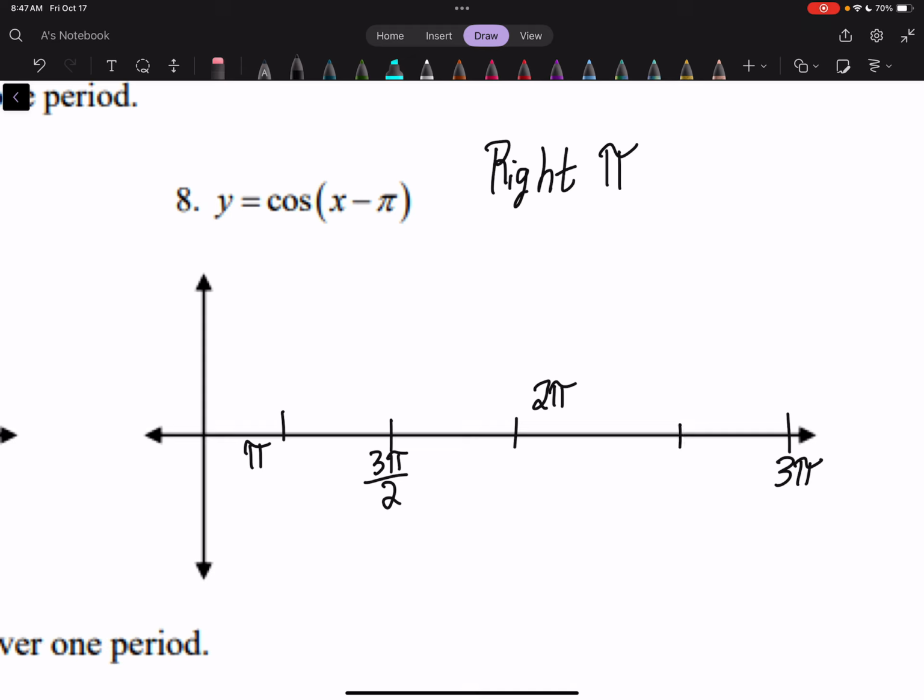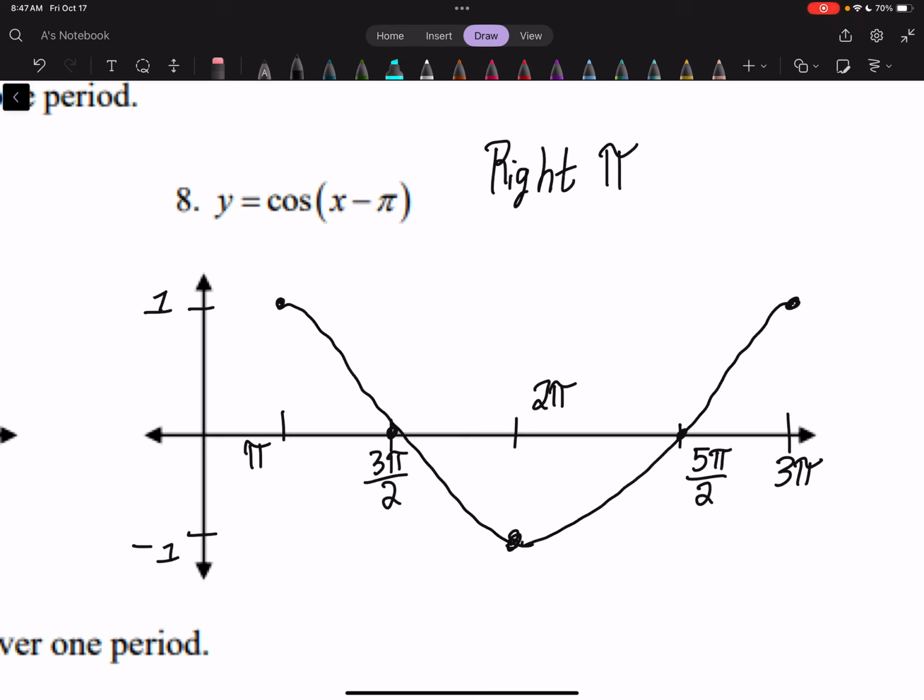And I have 5 pi over 2. Cosine starts at the maximum of 1. Goes to 0. Goes to -1 for the minimum. 0. Maximum. There is my cosine graph.